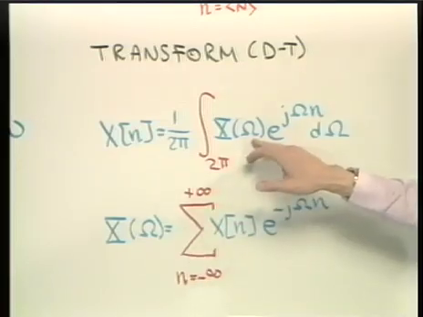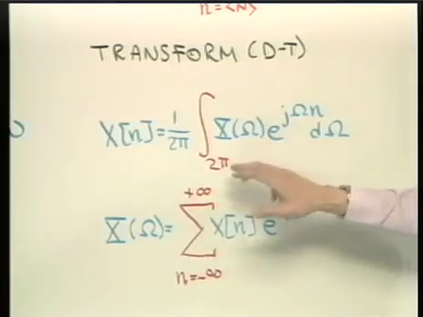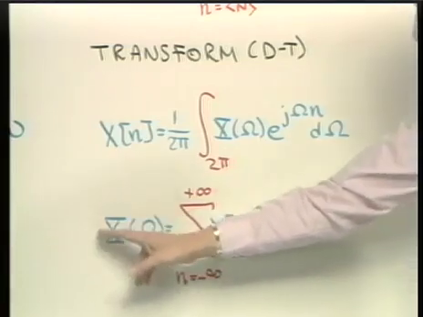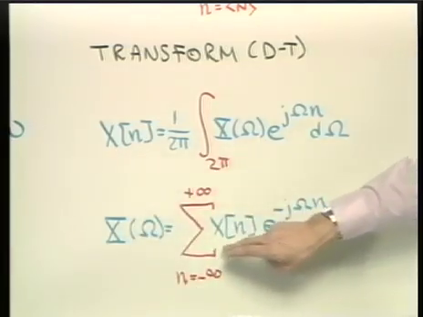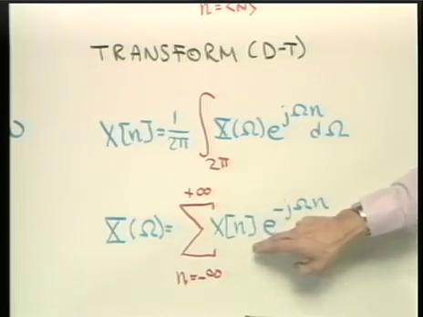And this term, X(omega), which is the Fourier transform, is given by this summation and, of course, involves all of the values of x[n].